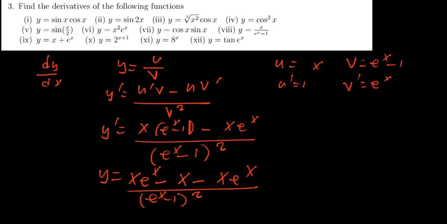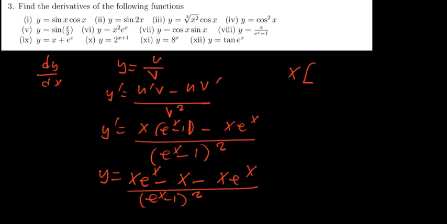But another thing that I want you to understand is that on top I can factor out x, but I can end there if I want. I can factor out x, I will remain with e to the power x minus 1 minus e to the power x. Like that. But I think these ones can cancel out.